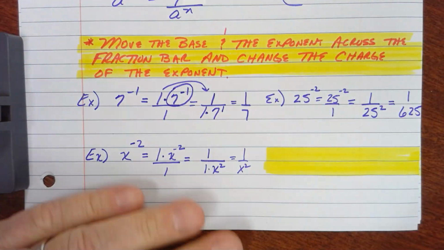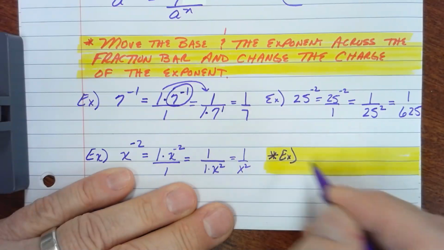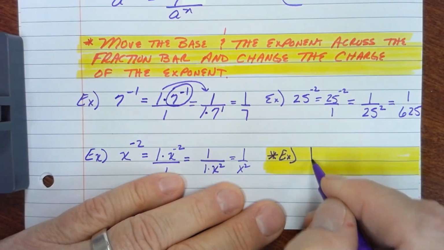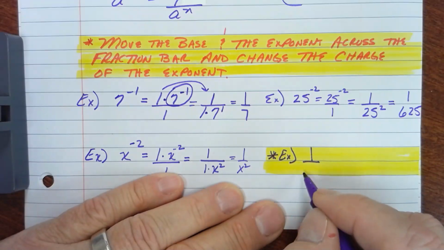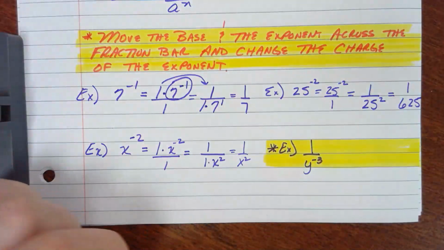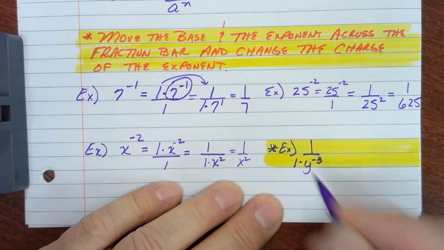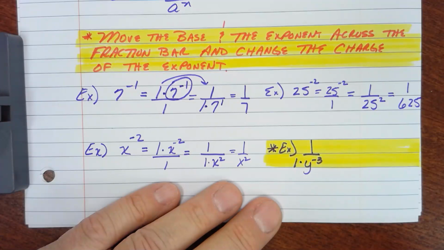So the next one is a tricky example. And that is because I have y to the negative 3, the negative exponent, in the denominator. There is still a 1 down here. 1 times that y to the negative 3.